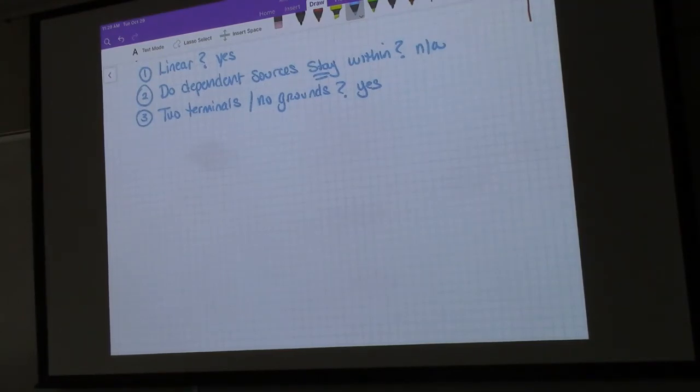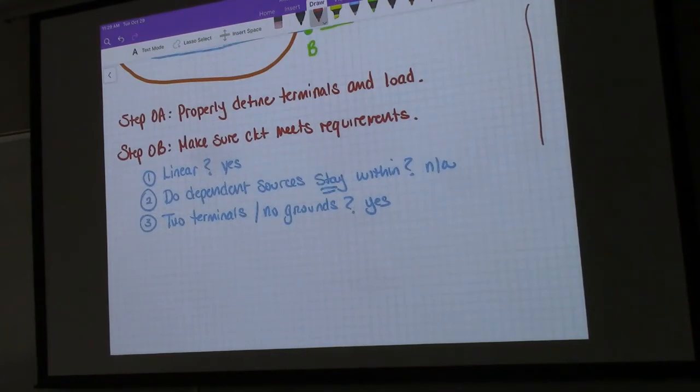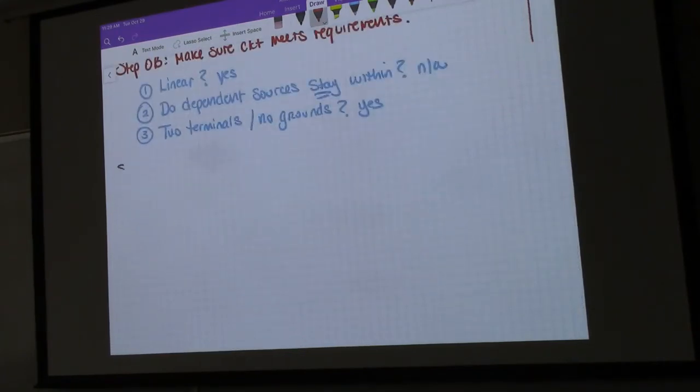Now we're going to get to the actual process. This is what I'm going to call step 1. Step number 1 is to find R_S, the equivalent. How are we going to do that?